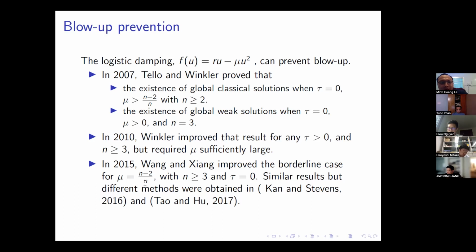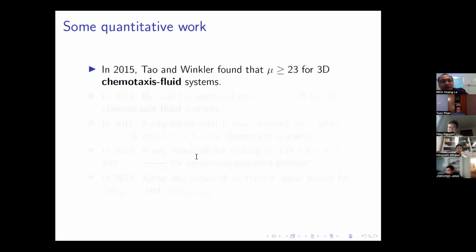Right. And so now we go to some quantitative works. So here we see that mu is sufficiently large. But how large is mu? So first of all, the paper in 2015 is concerned with that problem, but they consider 3D chemotaxis-fluid.